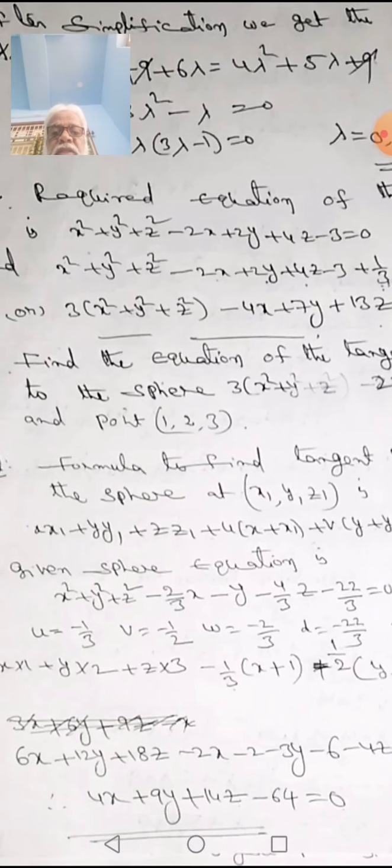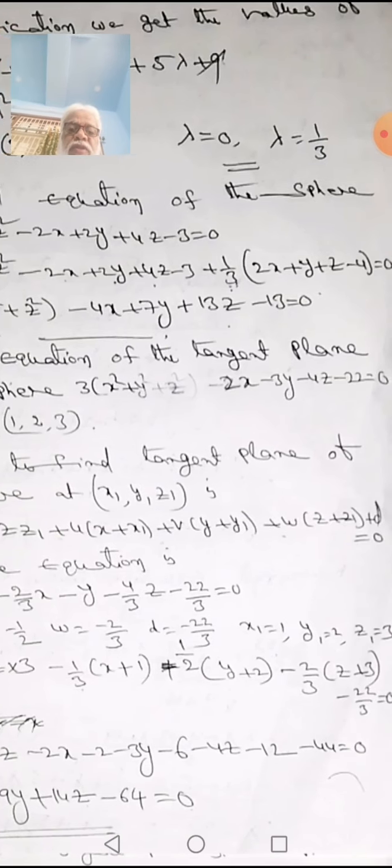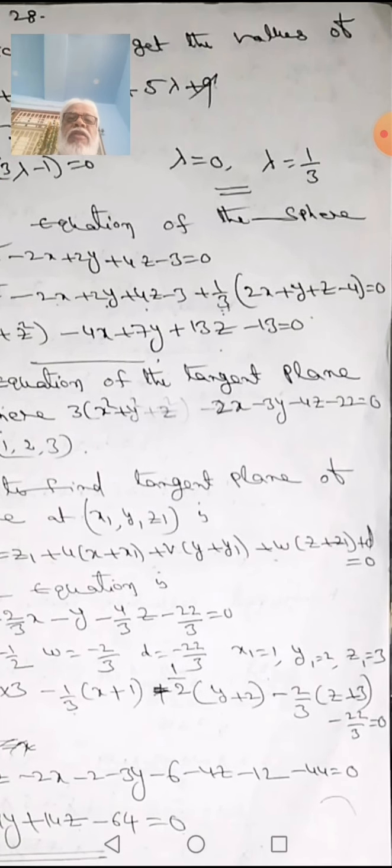If we simplify it, what do we get? 6x, because the LCM is 6. From that, 6x plus 12y plus 18z minus 2x minus 2 minus 3y minus 6 minus 4z minus 12 and minus 44 equal to 0.